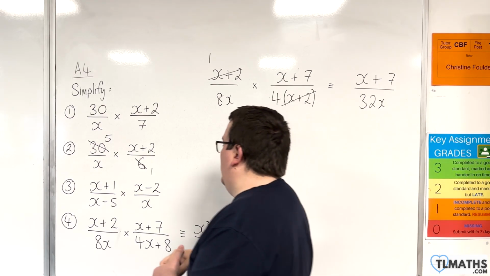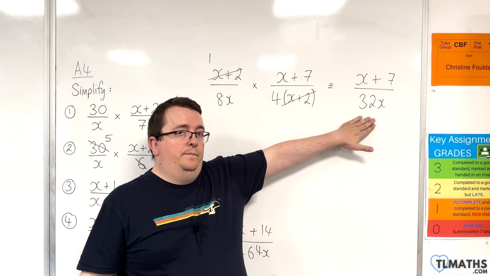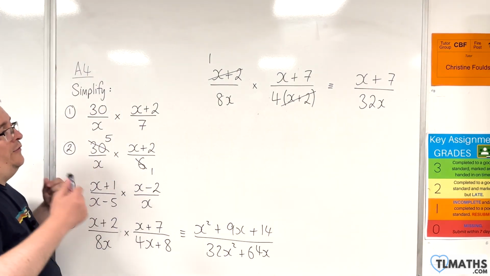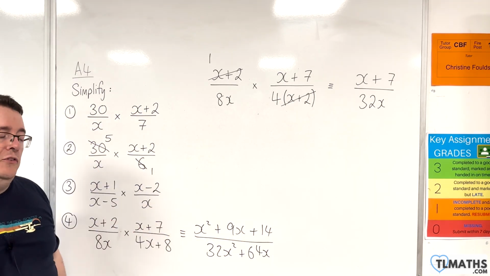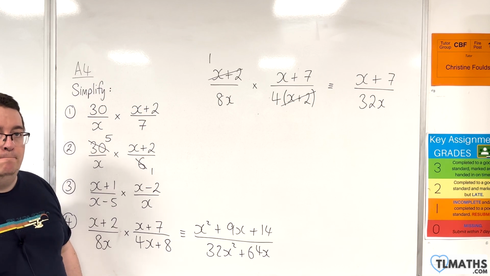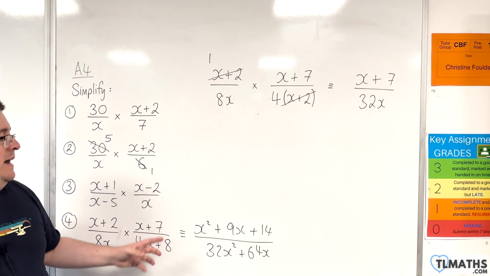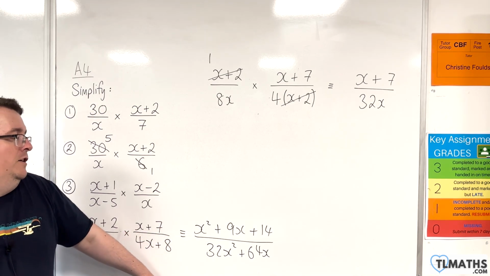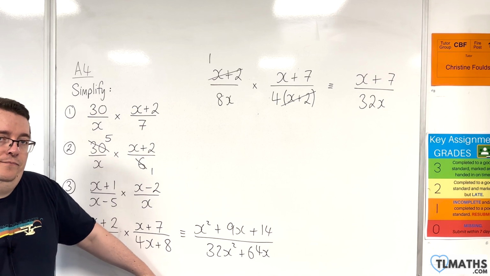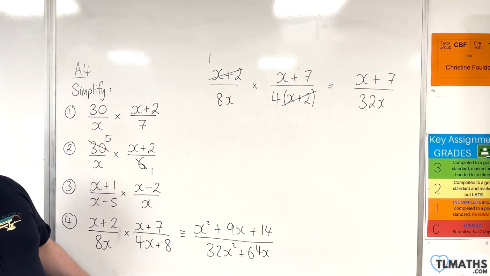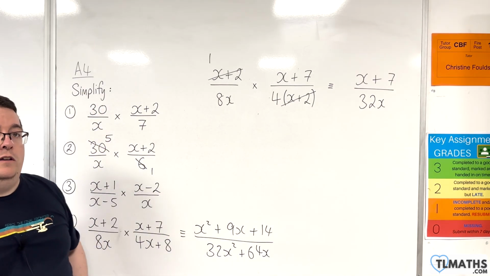So actually, in its simplest form, it is just that. Okay? And that's easier to spot if you don't go through the process of expanding the brackets out initially. Okay? If you do go through that, you then have to factorise both the numerator and denominator and then spot the cancellation. Okay? So this, if you can spot that earlier, does save you a lot of time.